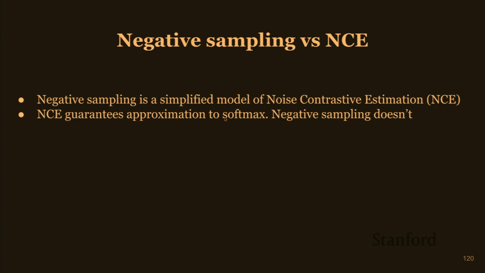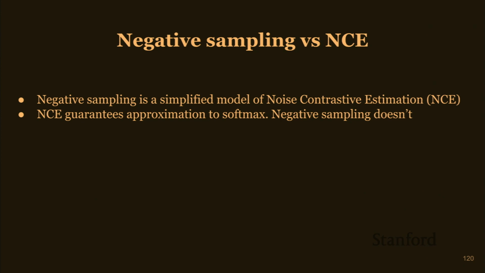Also in class you learned negative sampling. Negative sampling is actually a simplified version of what is called noise contrastive estimation. In the original Skipgram paper, Mikolov showed that negative sampling has pretty good performance. But because it's a simplified version of NCE, it doesn't guarantee that it approaches softmax.